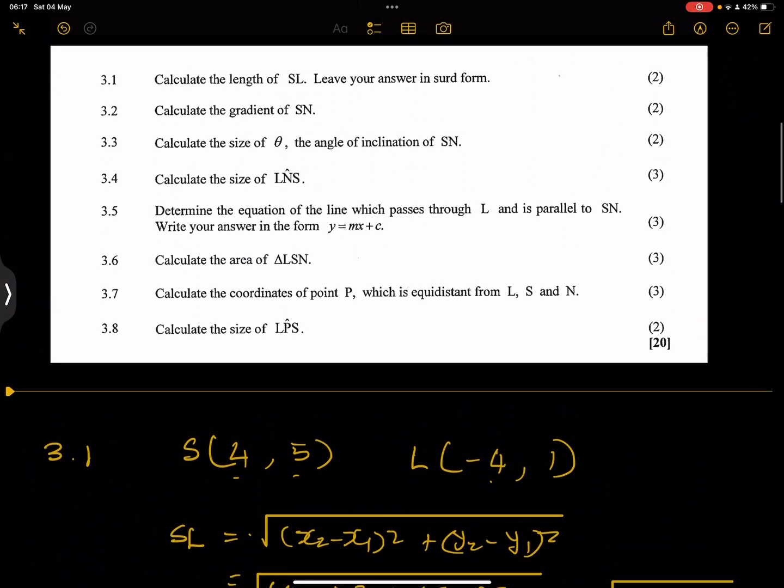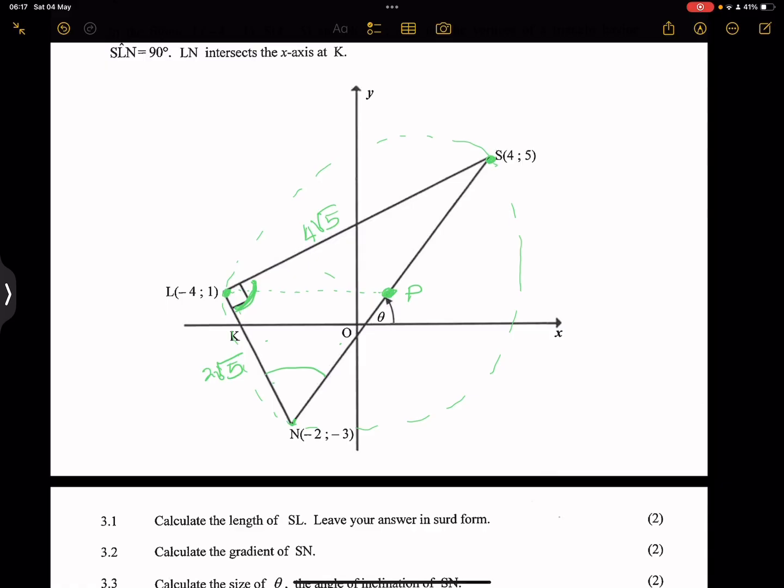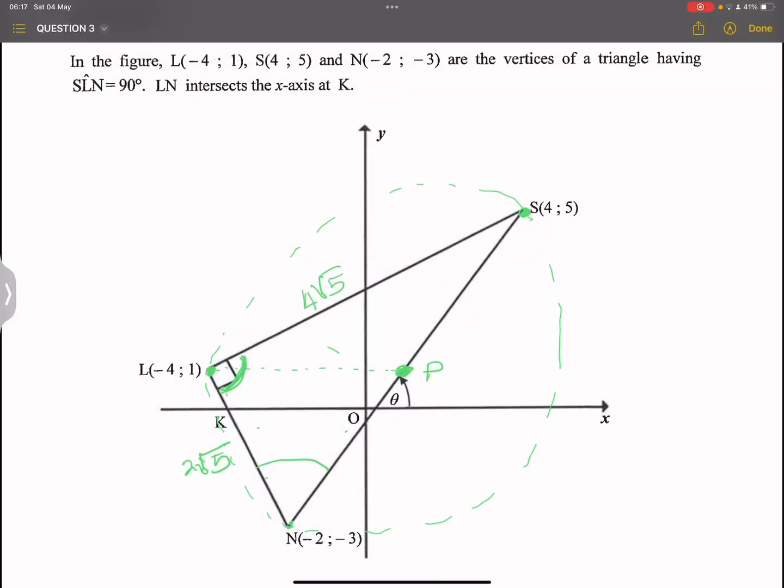They said calculate the size of angle LPS. Okay, let's look at that. So we are looking for the size of angle LPS. All right, so there it is there.